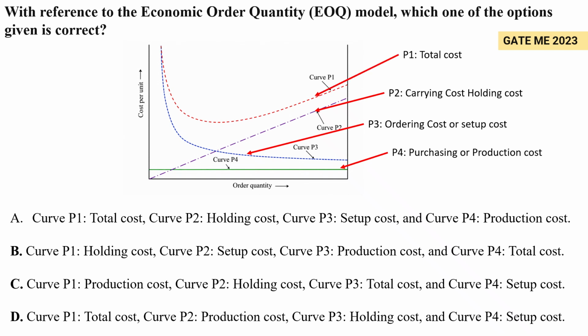So let's observe the options. Option A is: P1 is the total cost, curve P2 is holding cost, curve P3 is for the setup cost, and curve P4 is for the production cost. So option A is the correct answer.